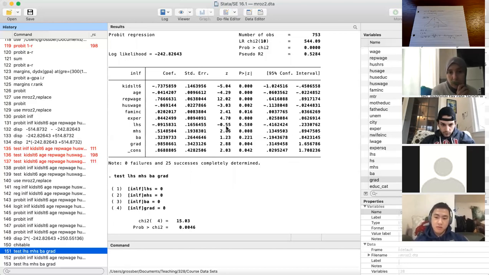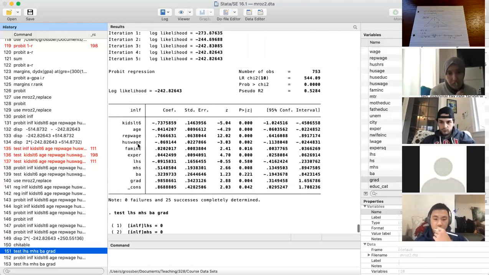There are two ways to know. One is if I say to you, do a Wald test, then you know to do a Wald test. The other is if I say to you, do a test, you could do either or both. Typically, if you want to test whether all the variables taken together belong in the model, the easiest way is with a likelihood ratio, just because that's what's reported.